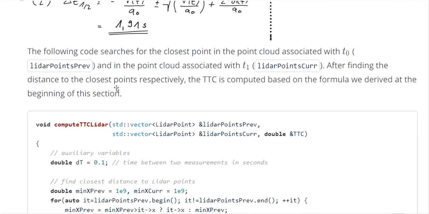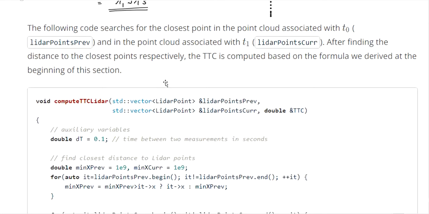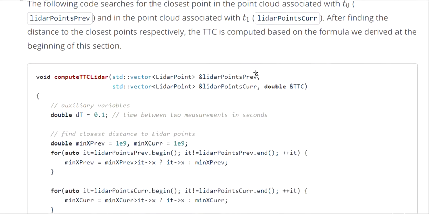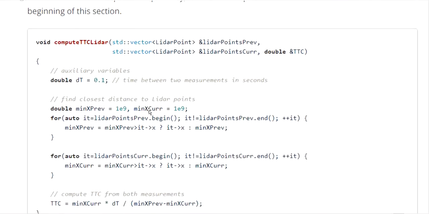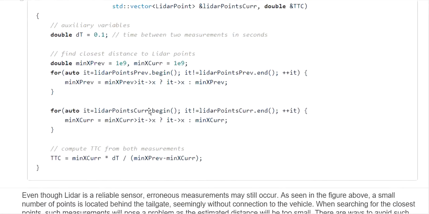After finding the distance to the closest points respectively, the time to collision is computed based on the formula. Here is a short piece of code. We will see the complete code later in the next video, but you can see they use the formula we derived right here.